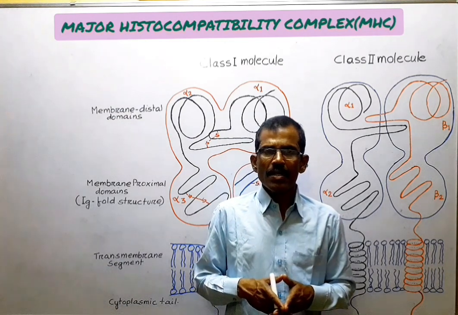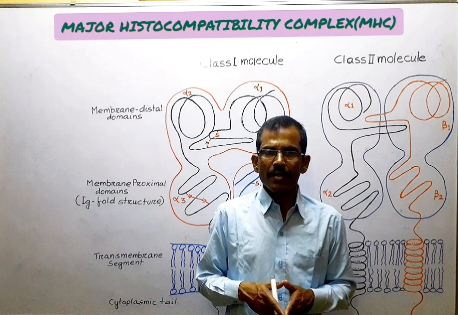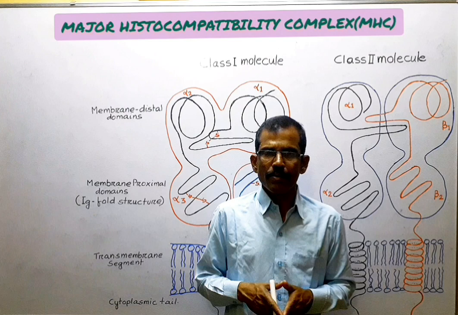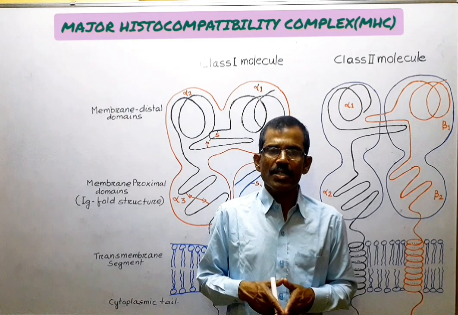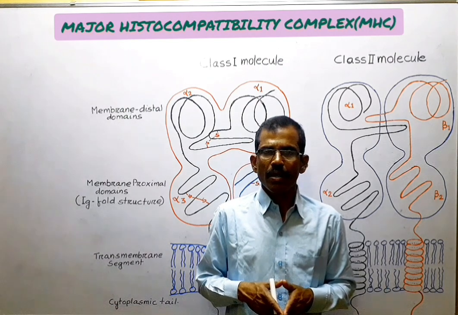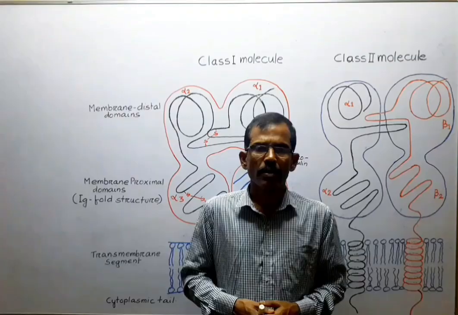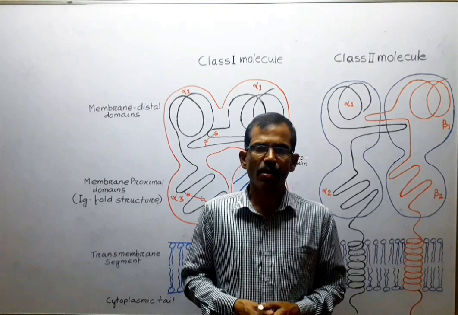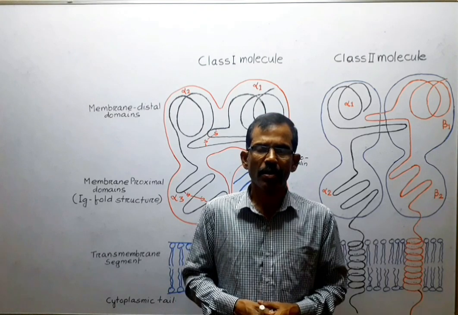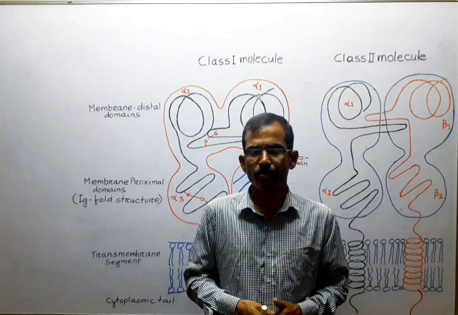The MHC got its name from the fact that the proteins encoded by the genes determine whether a tissue transplanted between two individuals will be accepted or rejected. There are two main classes of MHC molecules, class 1 and class 2.